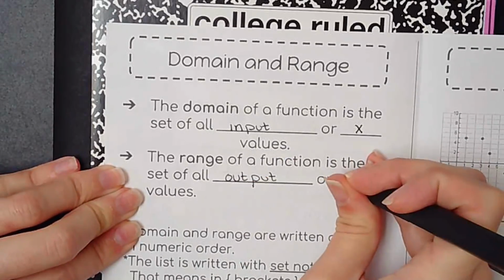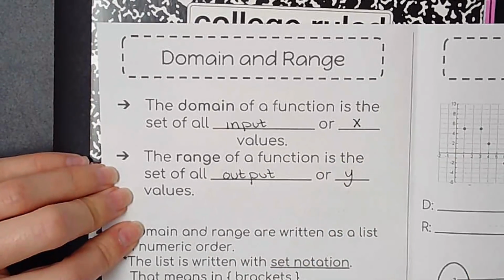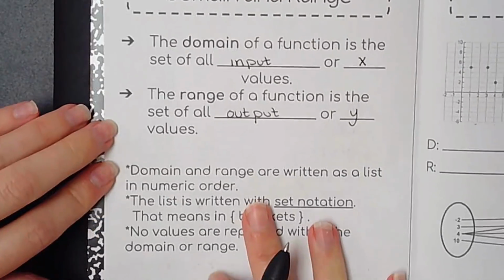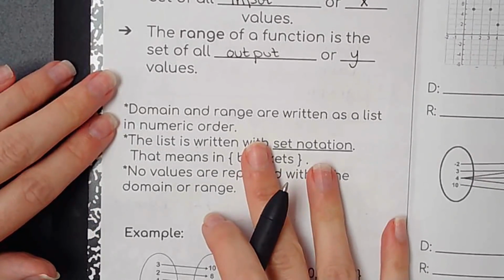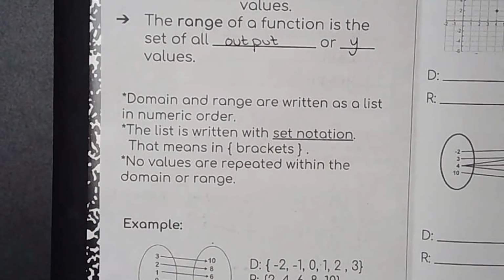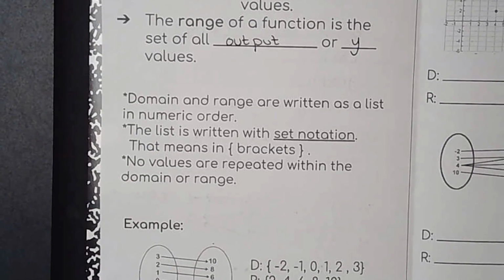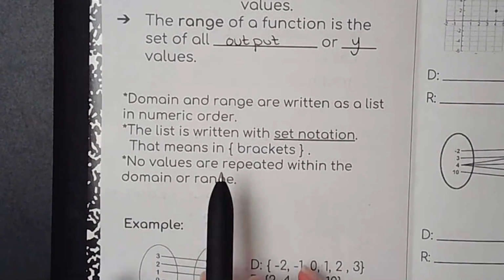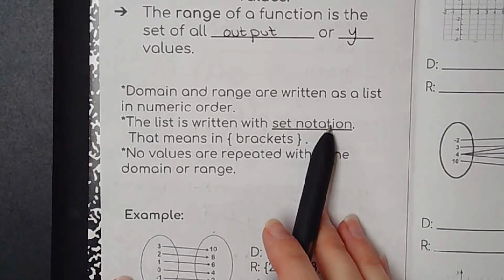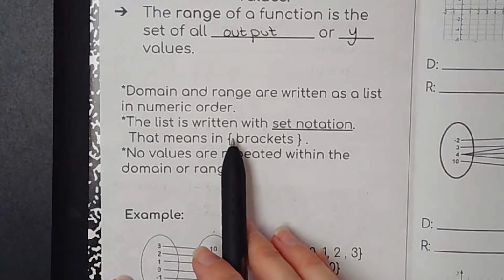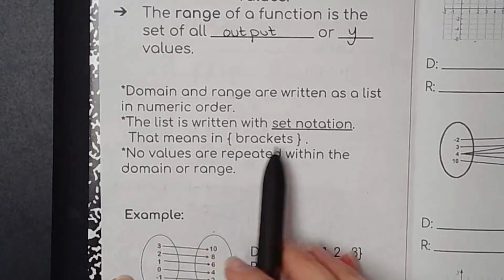We usually refer to those as our y values. When you're writing out your domain and range, they're written as a list, and they're written in numeric order, which means they go from the smallest number to the largest number. And we write it with set notation. So when you write your list, you're going to put these brackets around it.